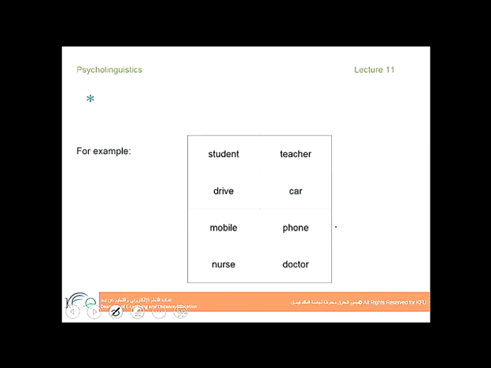Let's look at these examples. Here we have examples of words that could possibly give us what we call the priming effect. For example, student, teacher. They come from the same semantic field. Student, teacher, school, things like that, words related to the same semantic field. Drive, car. Also, they are related, aren't they?